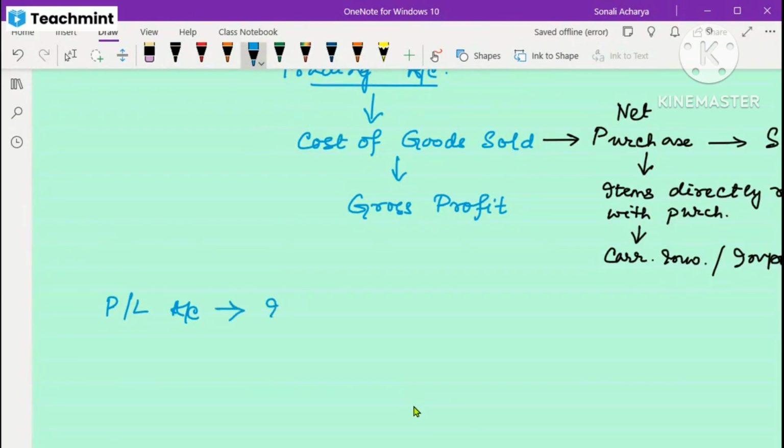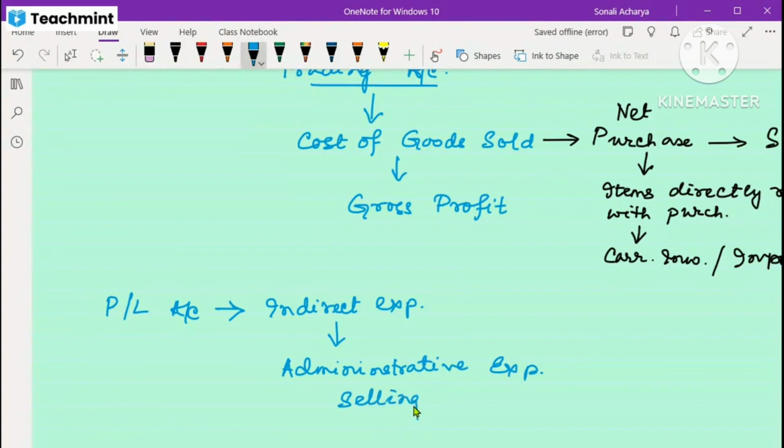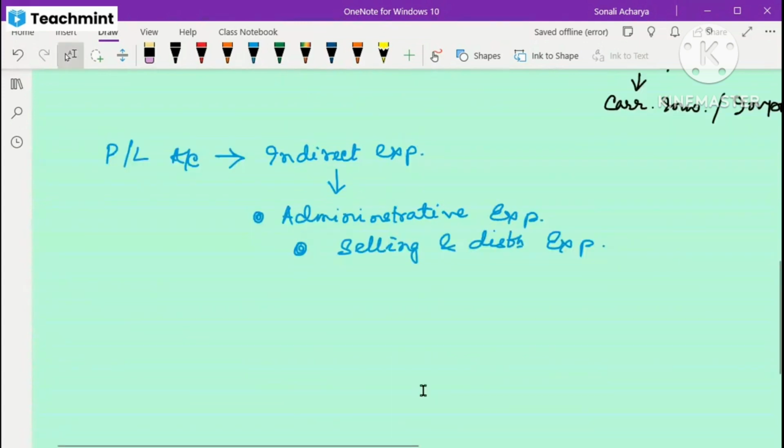So what indirect expenses are coming here? Such as administrative expense, selling and distribution expense. This type of expenses appear in the profit and loss account.